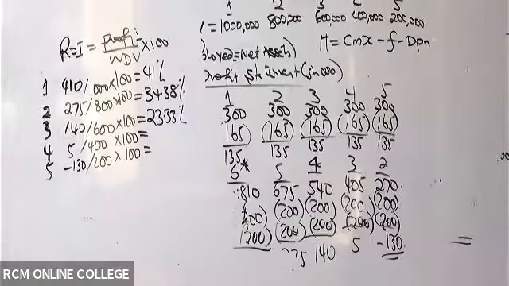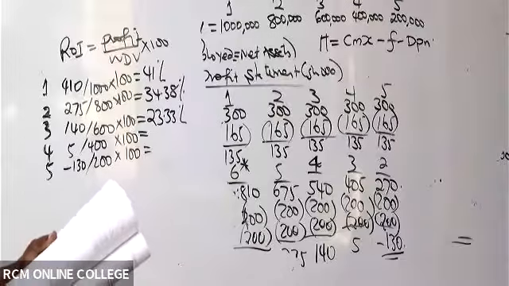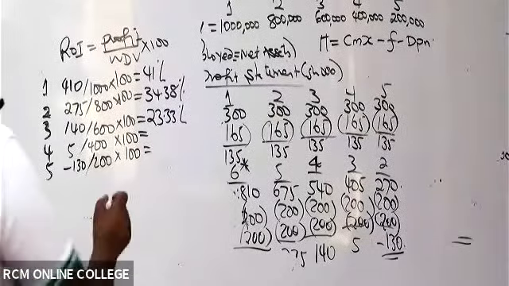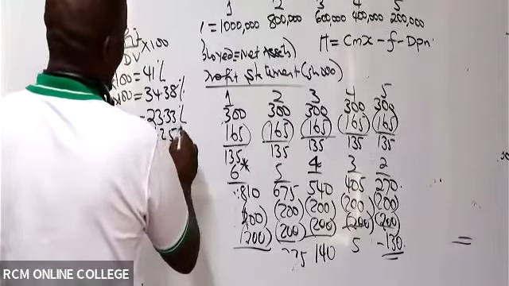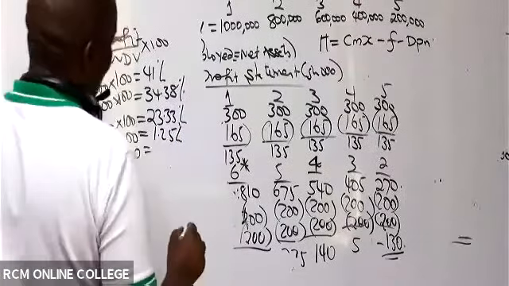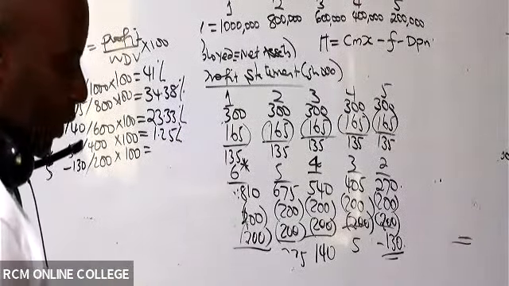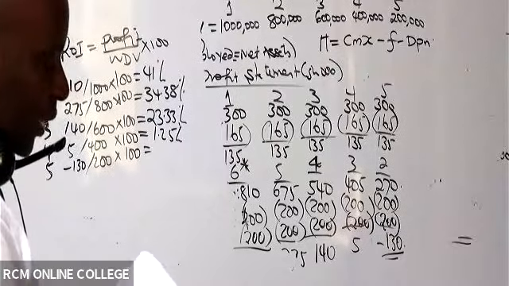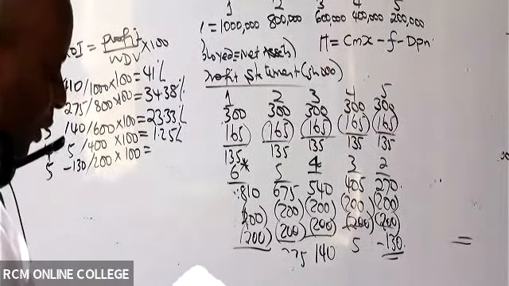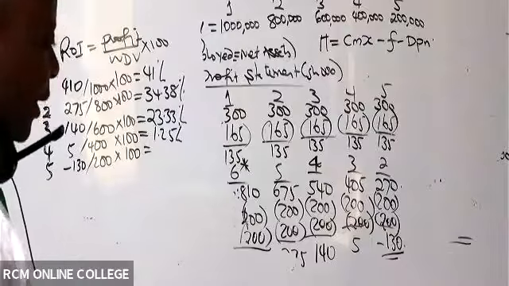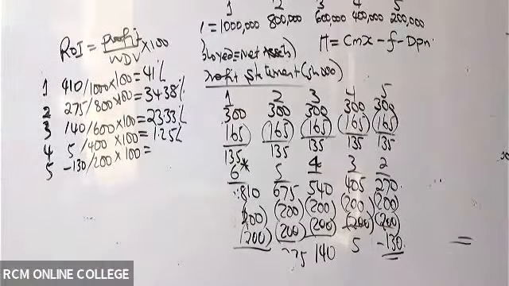The fourth one is 1.25, quite small. And then we have a negative return, which is negative 5%.